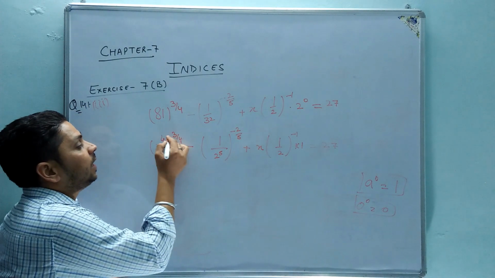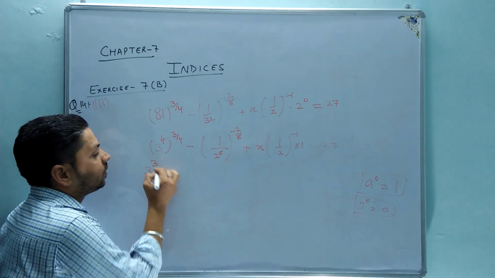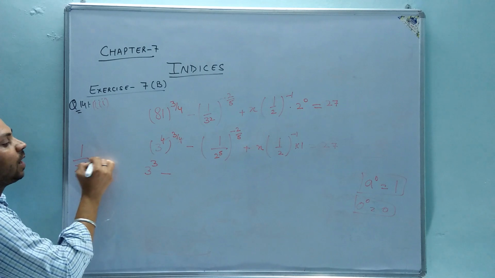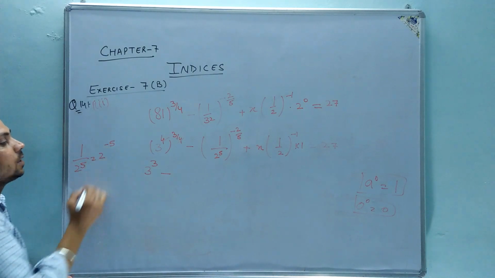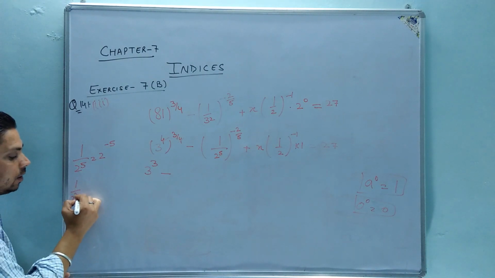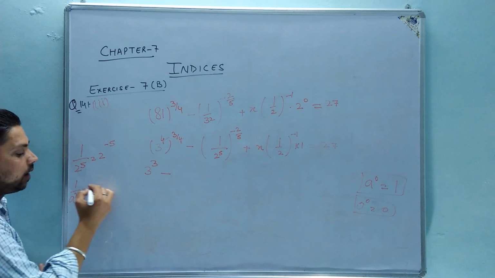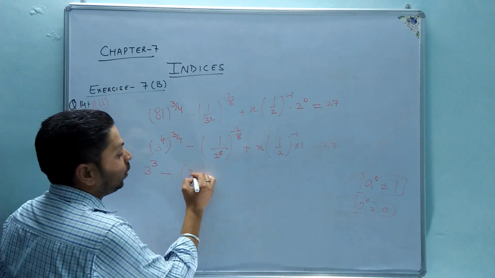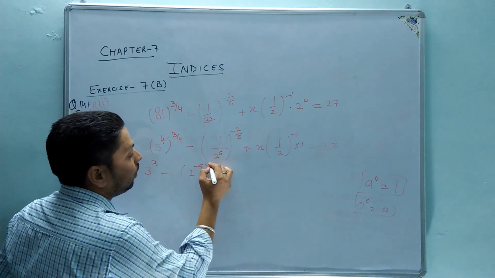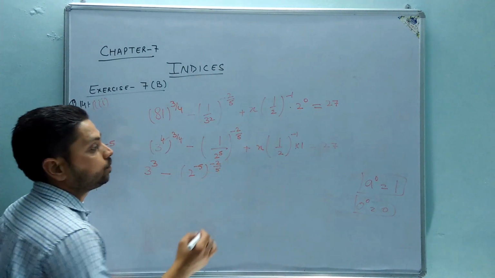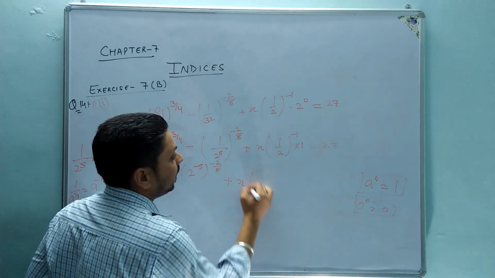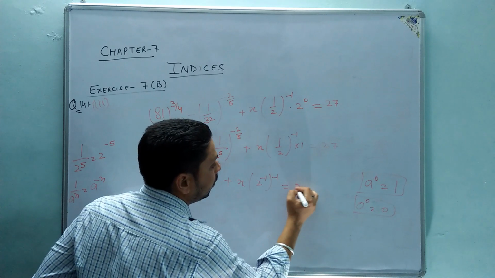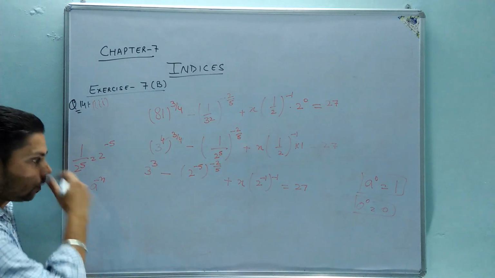So cancel it, it will give you 3 raised to power 3 minus 1 over 2 raised to power 5, which can be written as 2 raised to power minus 5 because of the property 1 over a raised to power n is equal to a raised to power minus n. So 2 raised to power minus 5 minus 2 over 5 plus x. Similarly, 2 raised to power minus 1 minus 1 is equal to 27.